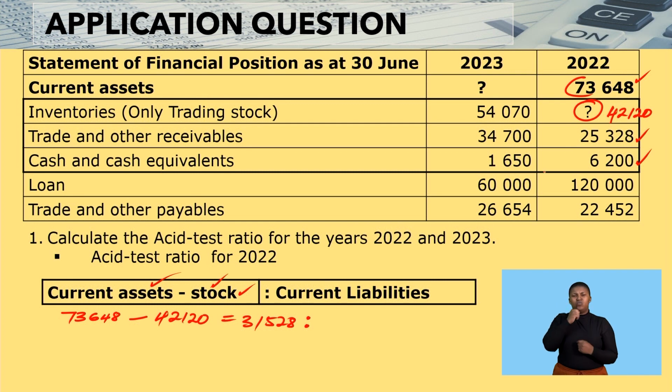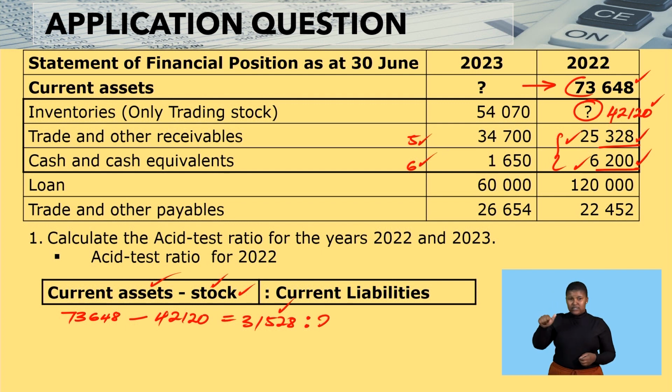I could have simply added my note number 5 and note number 6, because if I say 25,328 plus 6,200, it will give me again the very same figure. All right, so I've shown you two ways: you take your current assets minus the stock, or you can just take your note 5 and note 6.